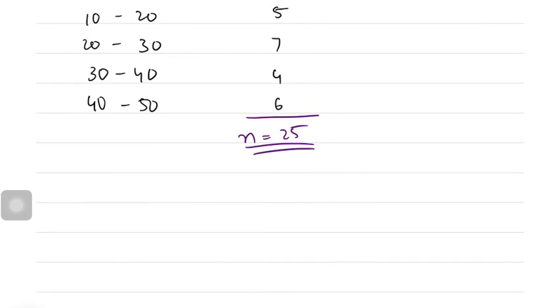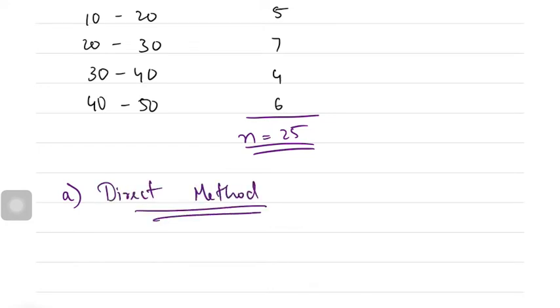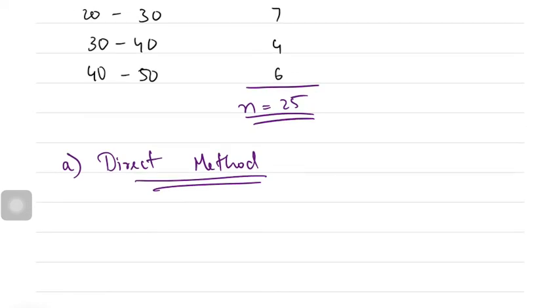Okay. So it's very easy to remember the formulas. In case of discrete series, the formula was x bar is equal to summation fx upon n, right? You just have to remove this x and put m there.